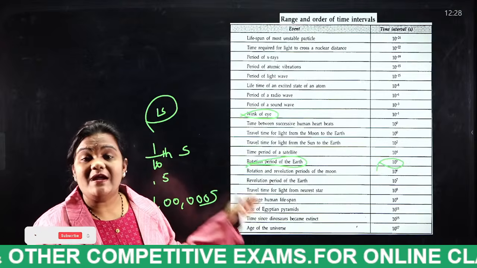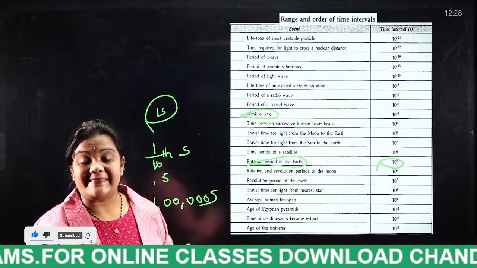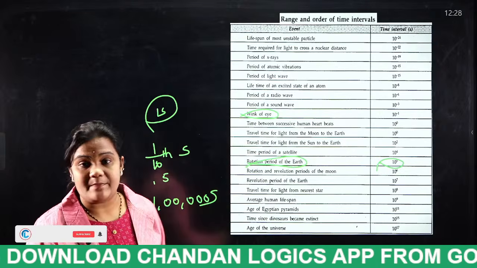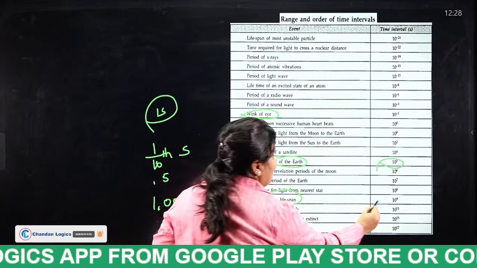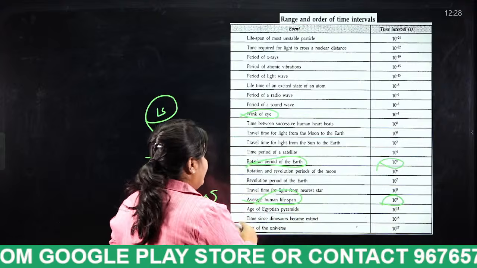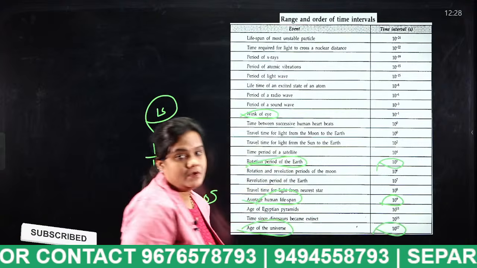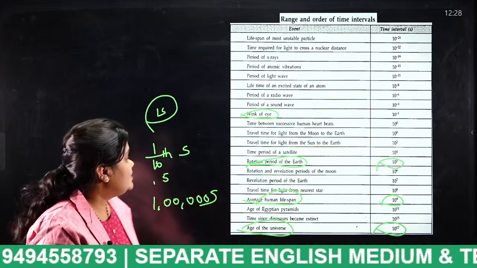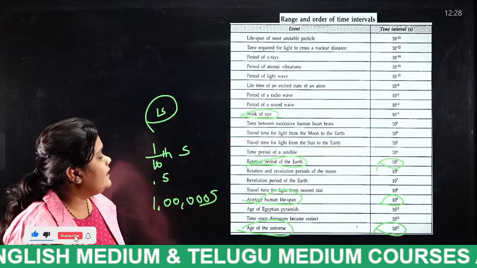In a similar way, a single rotation of the earth takes 1 lakh seconds. In a similar way, average human lifespan is 10 power 9 and the age of the universe is 10 power 17. So, these are some of the important things to be noted. Okay, next.